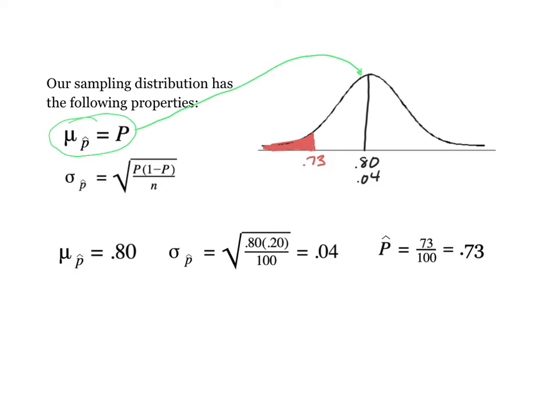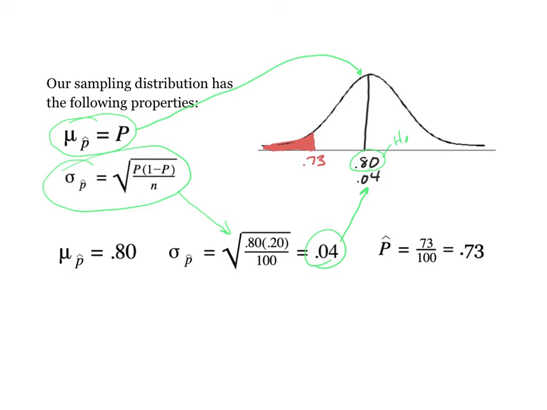So I can draw this bell-shaped curve, and I can put p in the middle, okay? And that's the null, remember, so we believe it. Then I need to find the standard deviation. Remember, we had this formula. So I plugged in the numbers, 80, 20 over 100, took the square root, and I get 4%. So that's the standard deviation of that sampling distribution. That's how I got the 80 and the 4%.